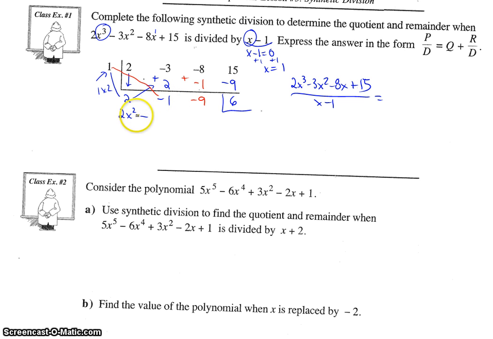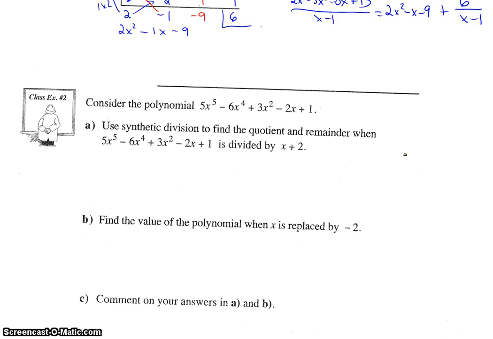Then descending order, so if that's x squared, this would be 1 less, so minus 1x, and then minus 9 is our constant. So there's our quotient, 2x squared minus x minus 9, plus our remainder, which was 6, that's the last number we got, over our divisor, x minus 1. There we go, final answer.